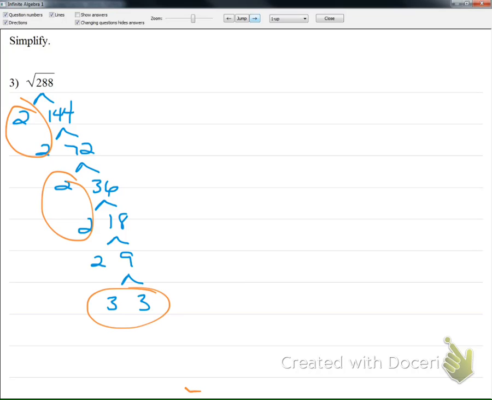Okay, now be careful. Here's how we need to write this. We have identical 2's, and we have 2 groups of them. 2 groups of 2's. We also have a group of 3's. I'm going to write a little dot there because you're going to have to multiply these together. We have one group of 3's, and then we have this 2 that's all by itself, so it stays underneath our radical.